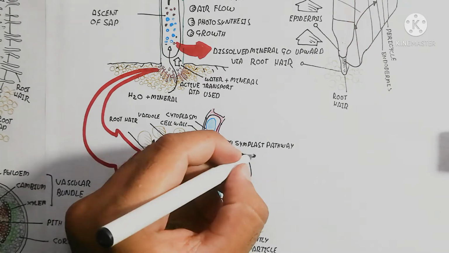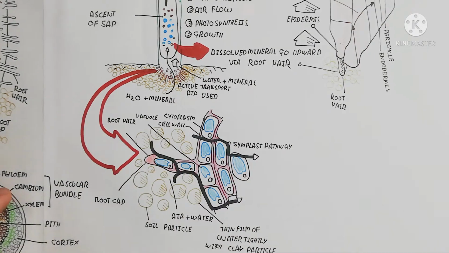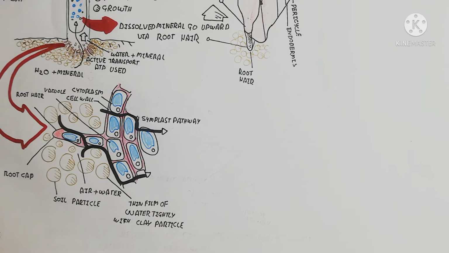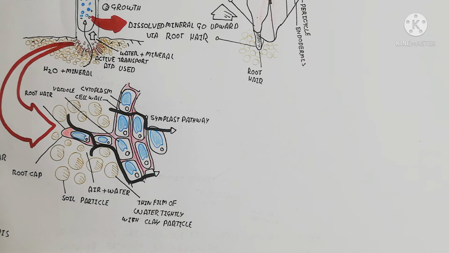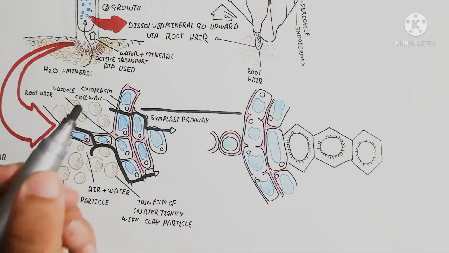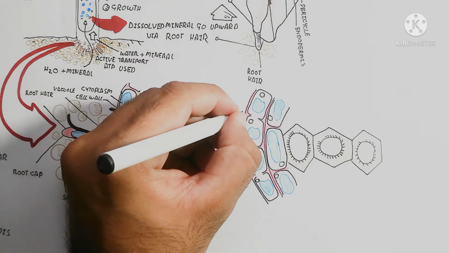Here is the cortex, between the endodermis and epidermis. The cortex uses the same mechanism, basically the symplast pathway. When going inside, the vacuolar pathway is also used.